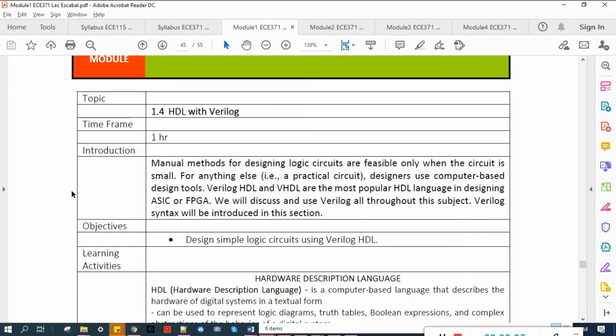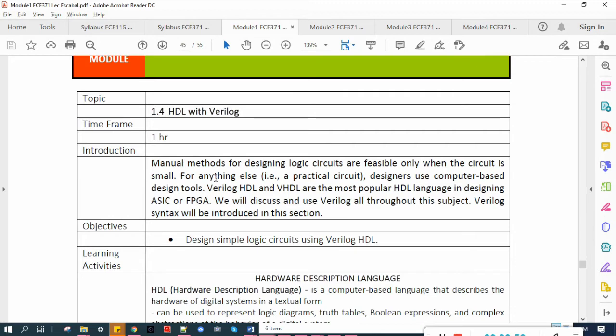Manual methods for designing logic circuits are feasible only when the circuit is small. For anything else that is a practical circuit, designers use computer-based design tools. Verilog HDL and VHDL are the most popular HDL languages in designing ASIC or FPGA.